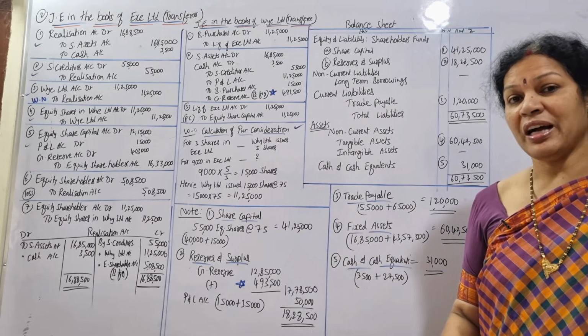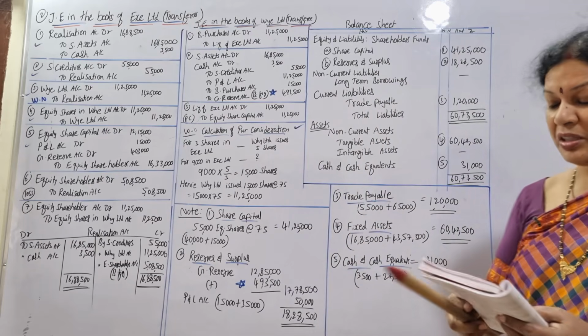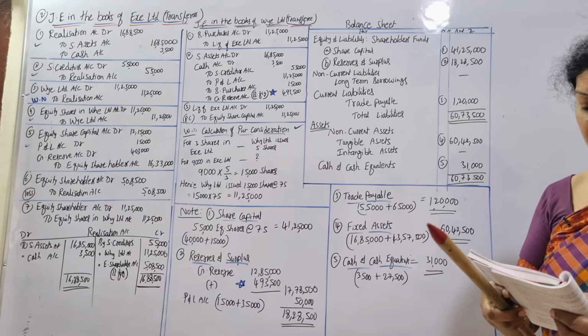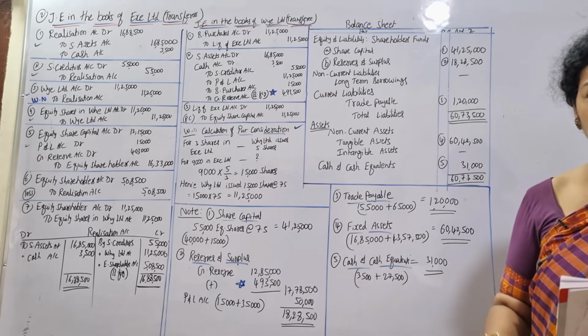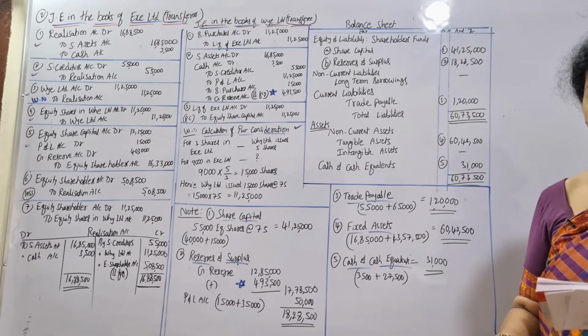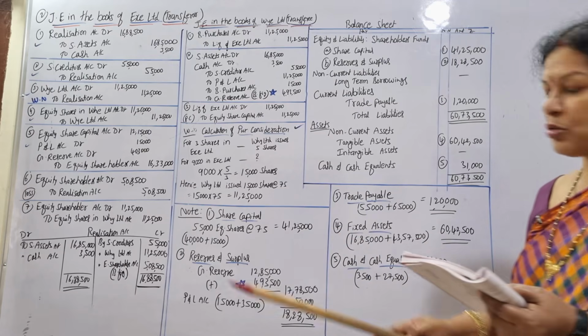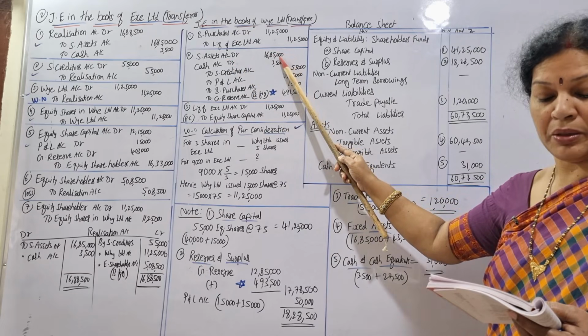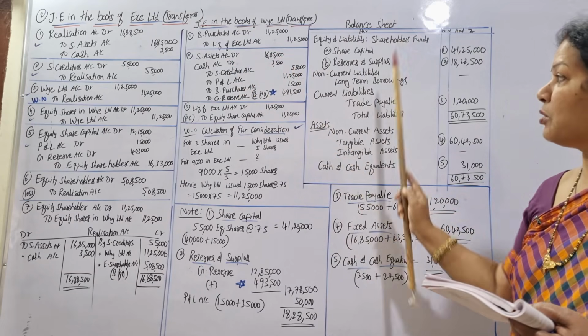Then after that, assets and liabilities taken over. Now you see the assets and liabilities here. First of all, assets of X only, because we are winding up X Limited. So all the assets on the debit side: sundry assets 16,85,000, cash in hand 3,500.